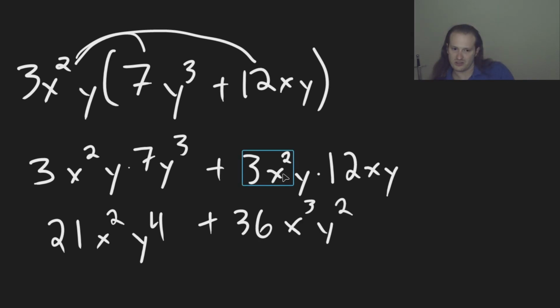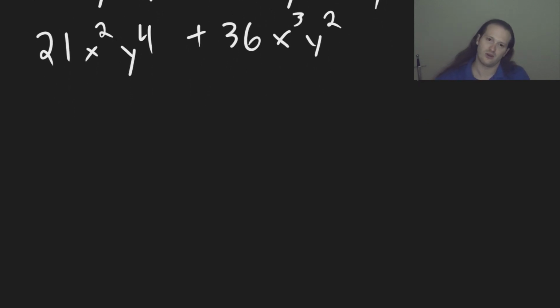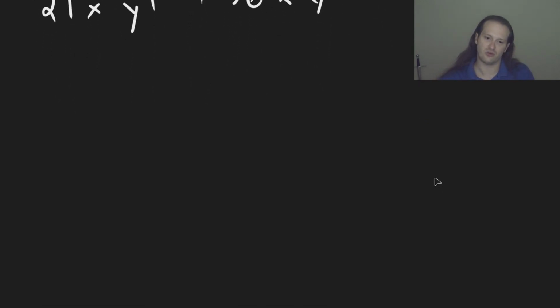What if I want to distribute a negative? Not even distribute something with the negative on the outside. What if I just want negative x plus 5?